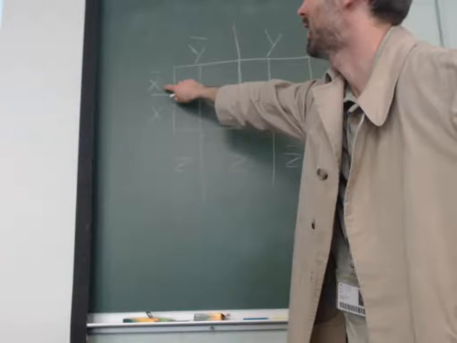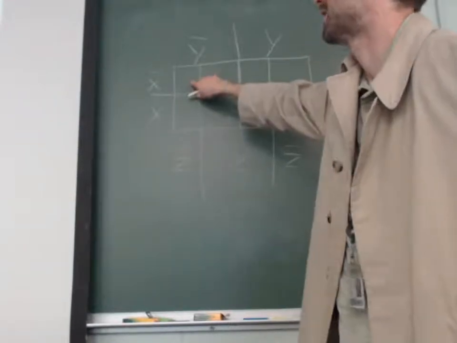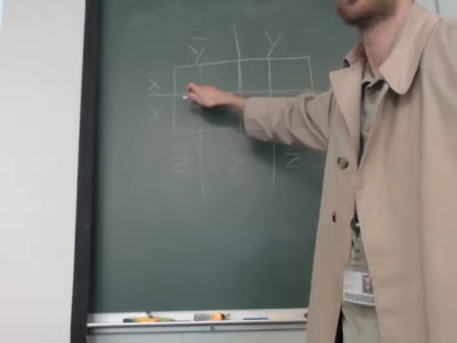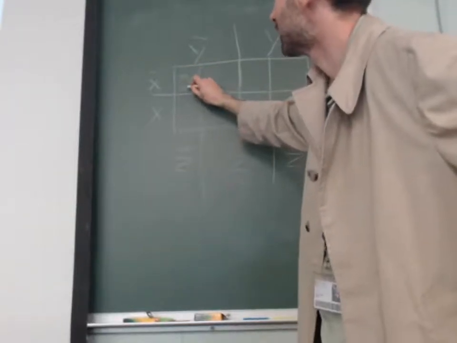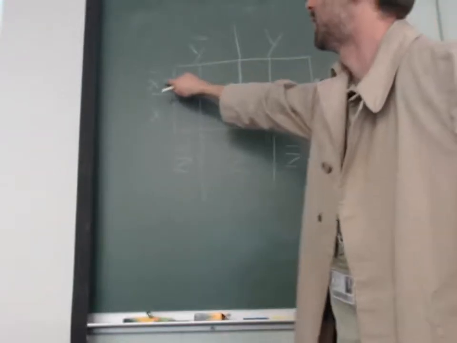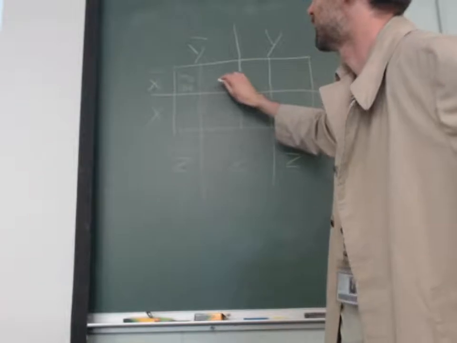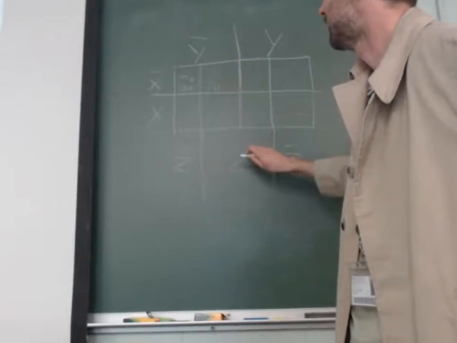So, what's right here? Well, it's not X, not Y, and not Z. So that's obviously minterm 0, aka 0, 0, 0. Here, not X, so 0. Not Y, right up there is 0.